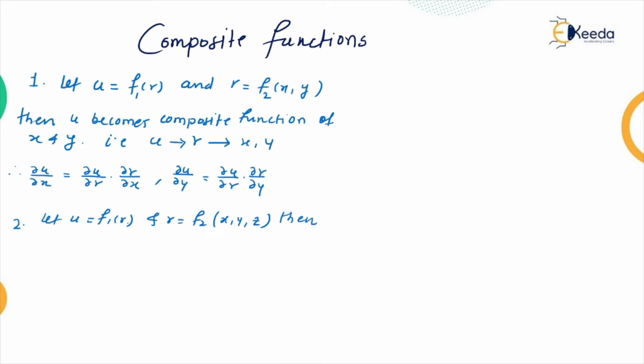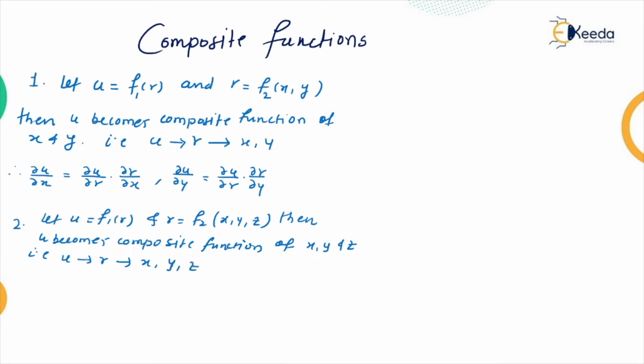Then u becomes a composite function of x, y and z. So if u is a function of r and r is a function of x, y, z, then u is a composite function of all of x, y, z.